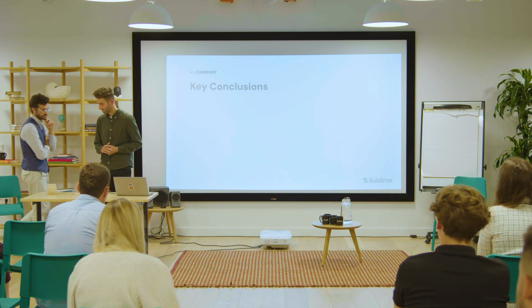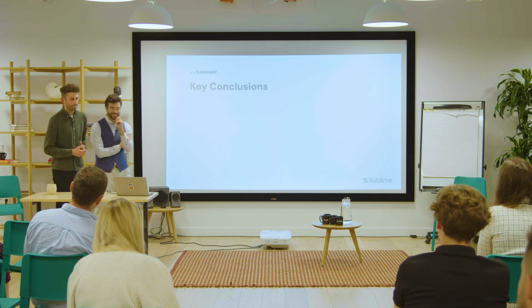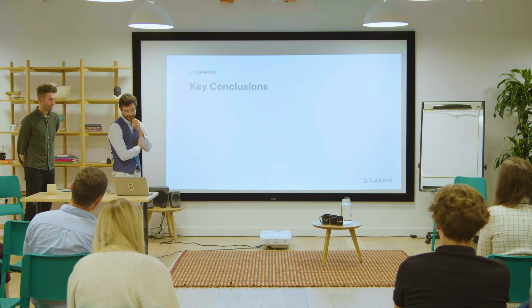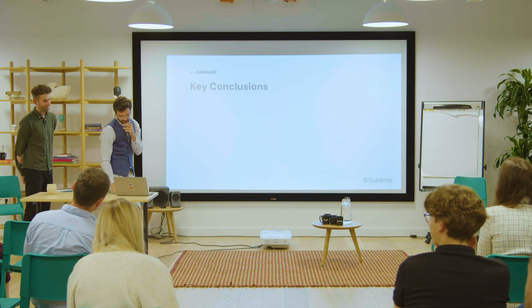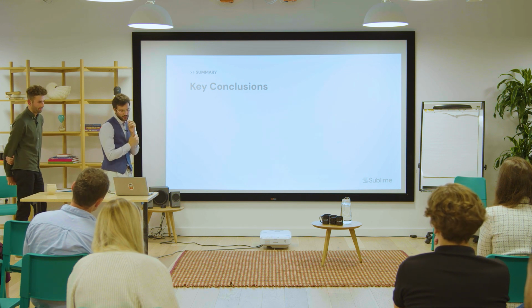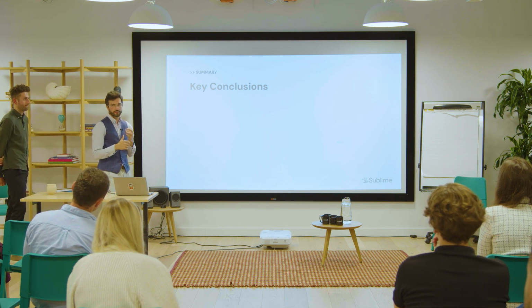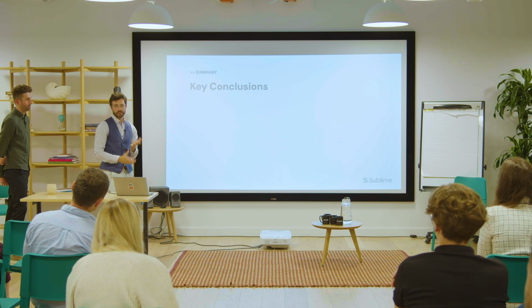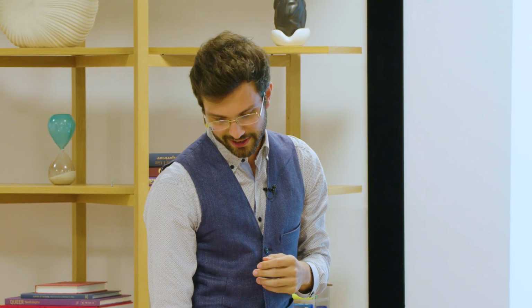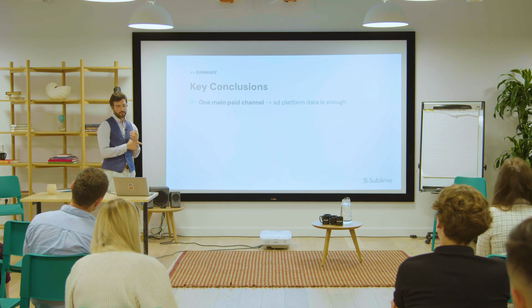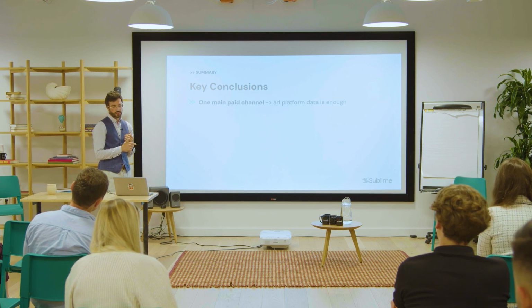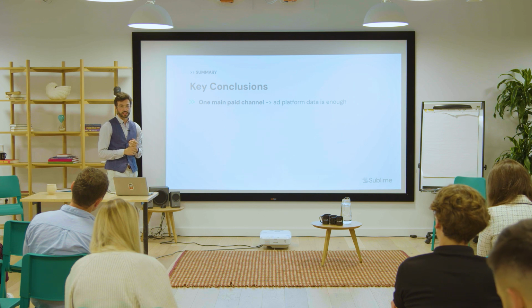Yeah, so it's nearly the end. Key conclusions: we live with a rule of thumb for when to use which method, because businesses are growing and they don't require marketing mix modeling from the start. That's nonsense. If you have one main paid channel, you are good with ad platform data.